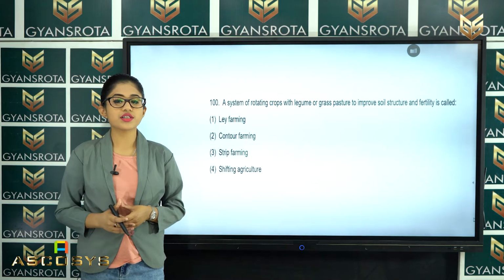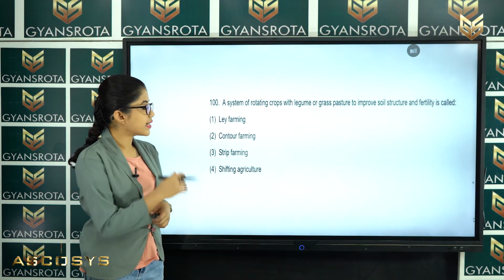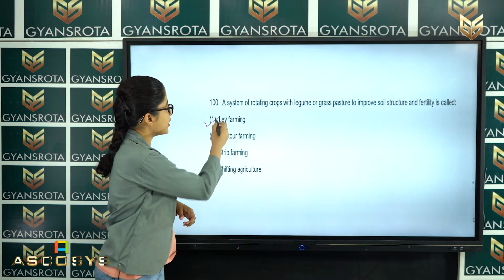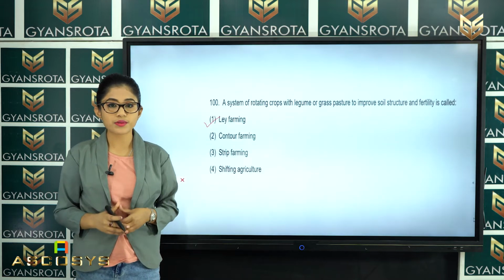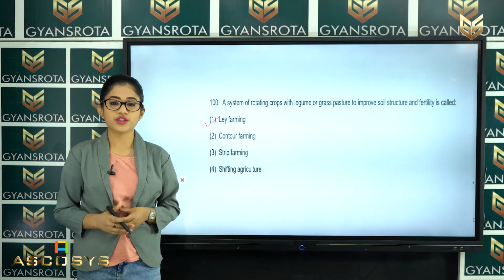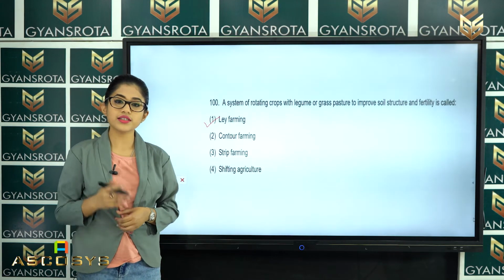So, this question comes from the chapter ecology. So, what is the correct answer of this? That is option number 1, ley farming. So, ley farming is a system of rotating crops with legumes or grass pasture to improve the soil structure and fertility. So, that is the correct answer among these 4 options.